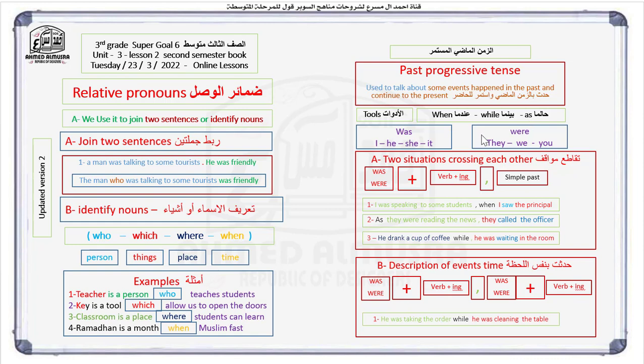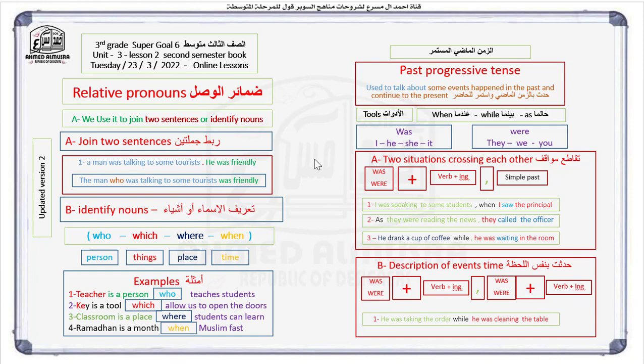So look at the verb be in the past, with the classification of the pronouns: was with I, he, she, it; were with they, we, you. Now let us come to the conditions of the past progressive tense.